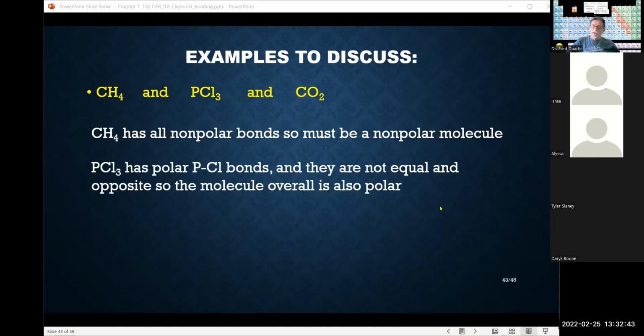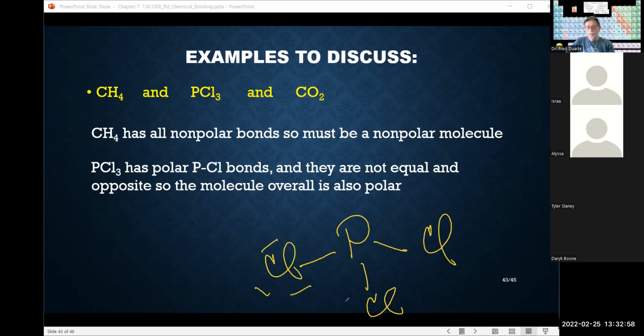PCl3, we have three polar bonds. In fact, if you were to draw the Lewis dot structure, you will end up with this. And guess what? You end up with a lone pair on the central atom.